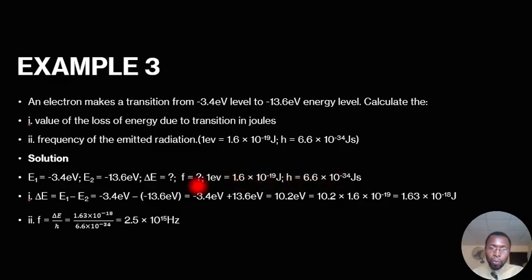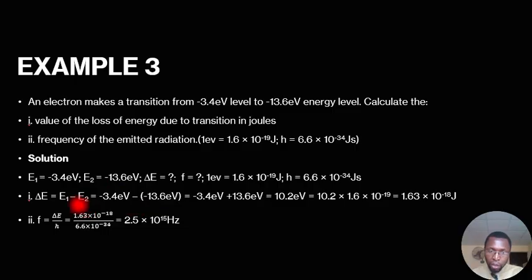Okay, so going for the first question, the value of the loss of energy, that's our delta E. Delta E is equal to E1 minus E2. Our E1 is of course minus 3.4, and our E2 is minus 13.6. So going by this formula, minus 3.4 electron volt minus 13.6, because the E2 is also having a negative value.